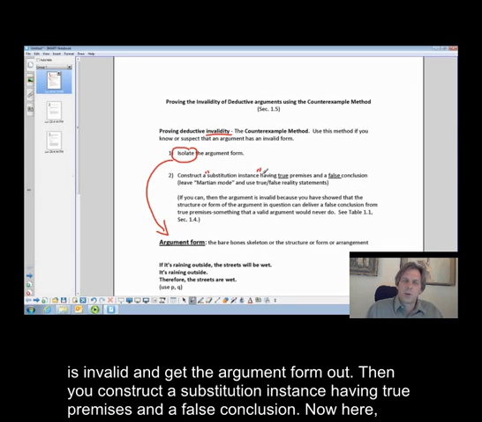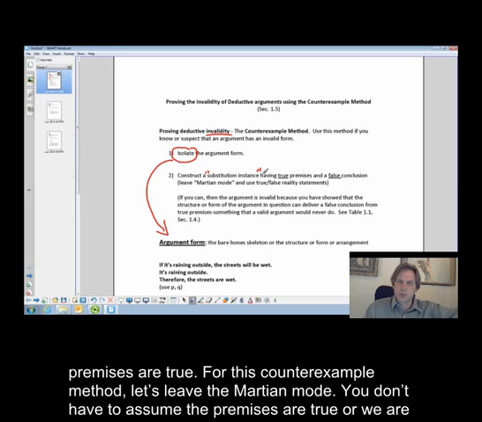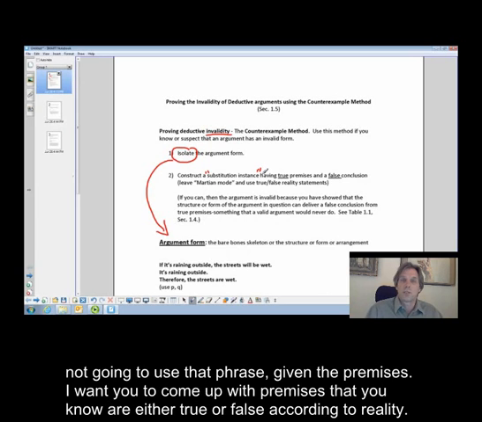Now, you remember previously I've been talking about being a Martian. Pretend you're a Martian, you don't know anything about Earth, and assume that the premises are true. For this counterexample method, let's leave the Martian mode. You don't have to assume the premises are true, and we're not going to use the phrase "given the premises." I want you to come up with premises that you know are either true or false according to reality.